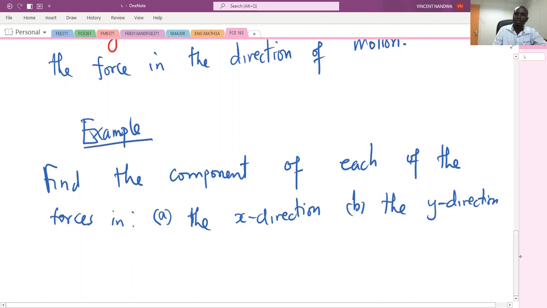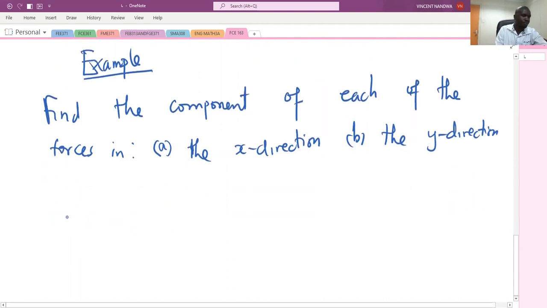So given these force diagrams, we have these axes. So visually this is the X, this is the Y. And then this angle is 40 degrees. And the magnitude of this force is 9 newtons.